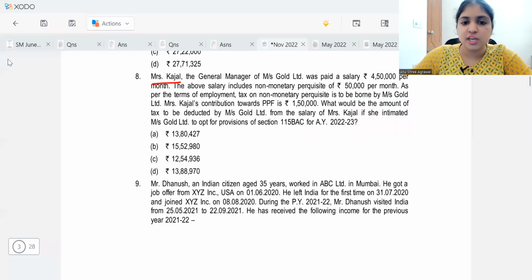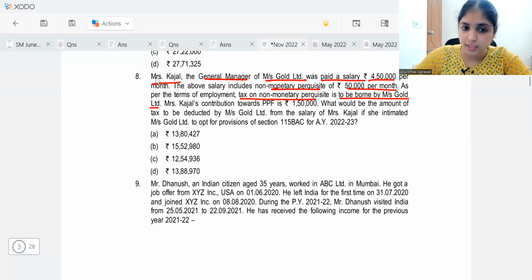Mrs. Kajal, the general manager of Messrs Gold Limited, was paid a salary of 4,50,000 per month. The above salary includes non-monetary perquisite of 50,000 rupees per month. As per the terms of employment, tax on non-monetary perquisite is to be borne by Messrs Gold Limited.